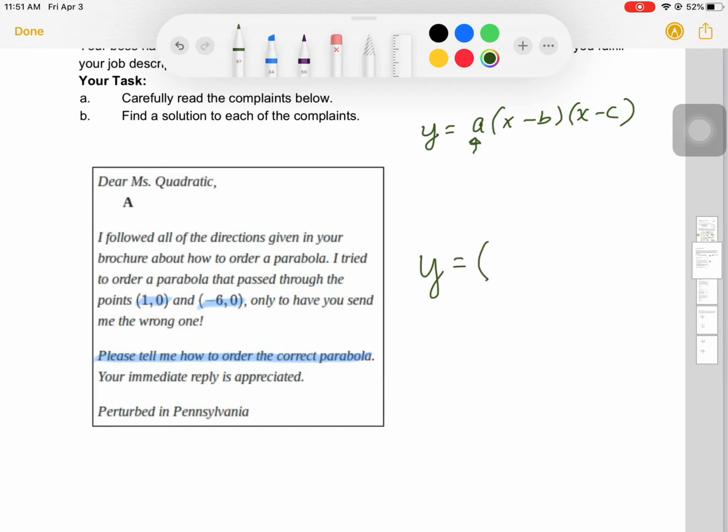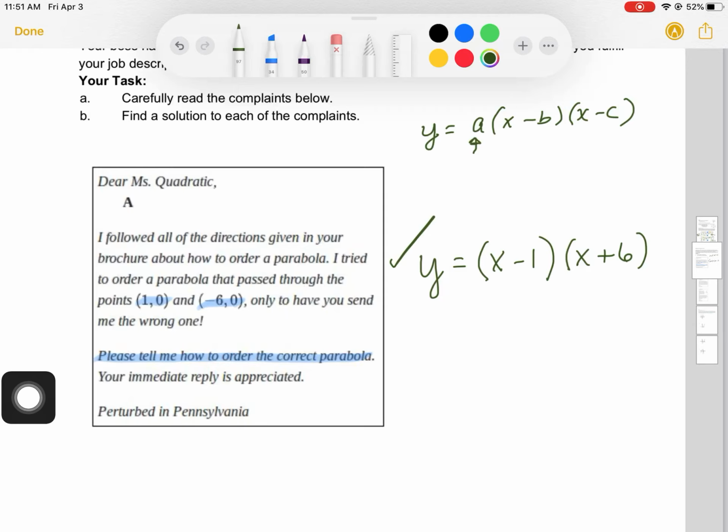Now, typically I would just say the client should order, we're just going to apply what we did with the tables above, the client should order this parabola because I can guarantee that this parabola has zeros at 1 and at -6, and that's really all they asked. So as long as you have those two things in place, you have satisfied what they're asking, and that's all you need.